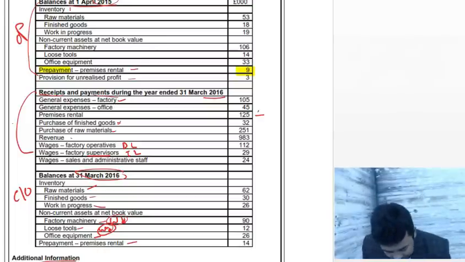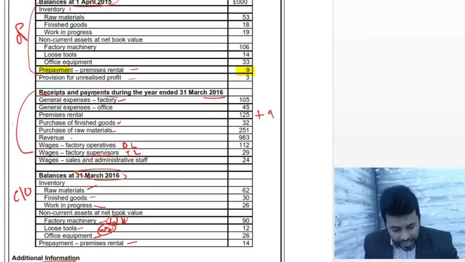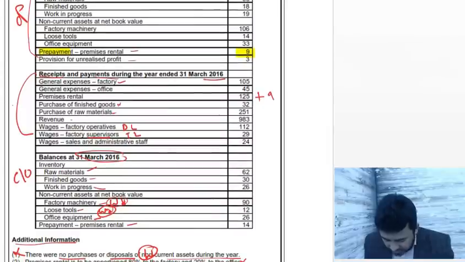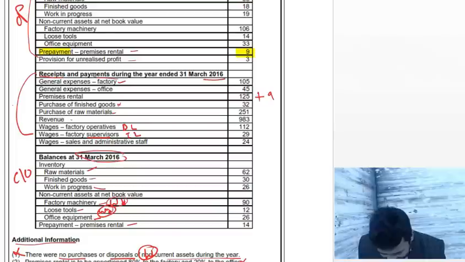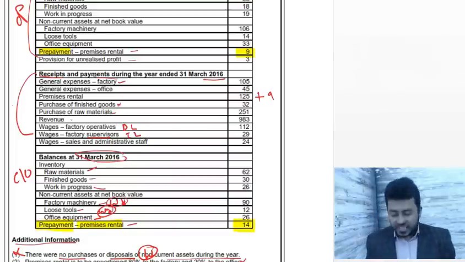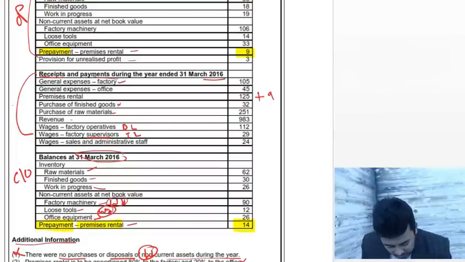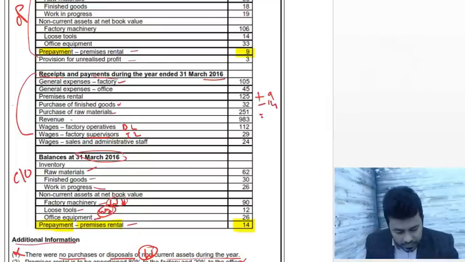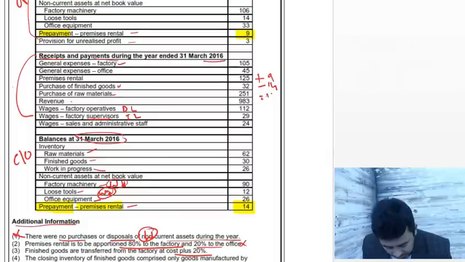And let's add it, 9. And there is a closing prepayment. Let's highlight it. There you go. Premises rental 14, and yes, closing prepayment we will deduct, minus 14. So the answer is 120.